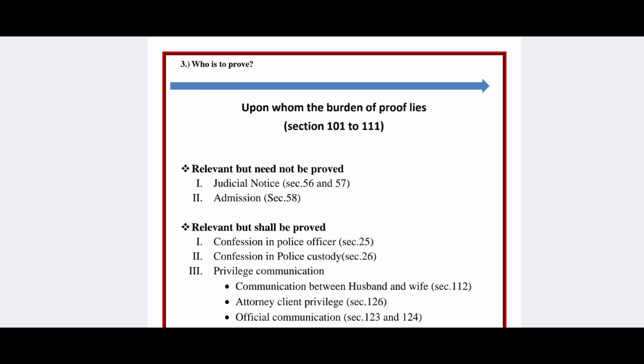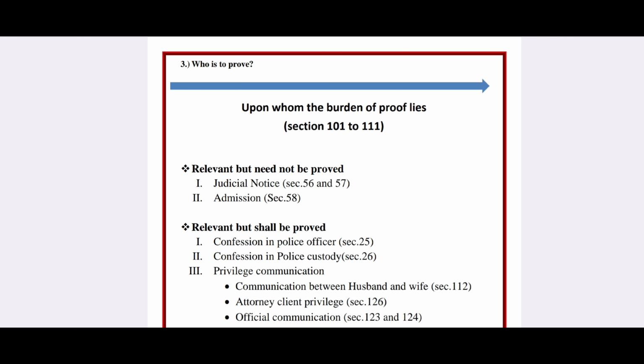Apart from this, there are two things we have to understand. First, though a fact may be relevant, it need not be proved. There are two circumstances. One is judicial notice. The provisions are dealt with under sections 56 and 57. Judicial notice means common facts that everyone knows. For example, how many states are in India? 29 states. Everyone knows that, so that is known as judicial notice.